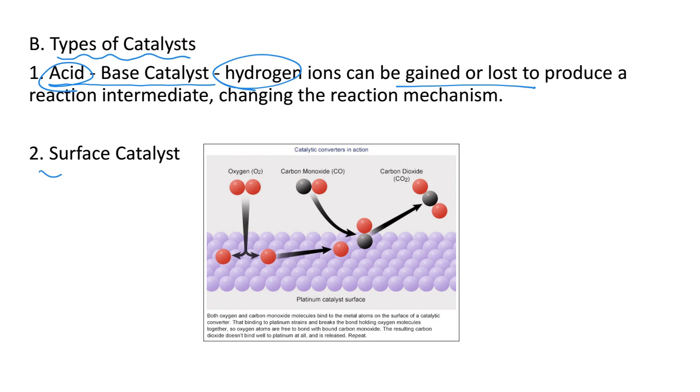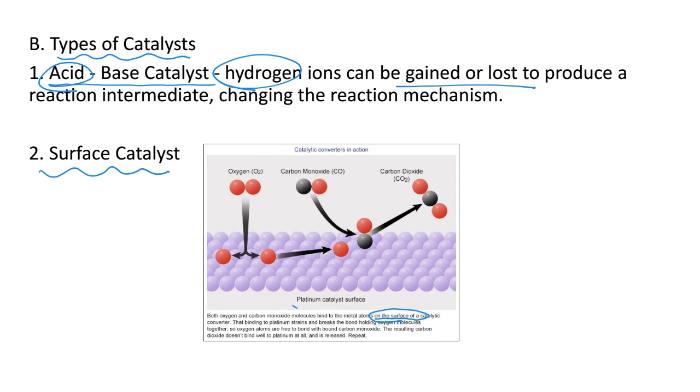The other one you wouldn't be able to see from the reaction mechanism, but a surface catalyst is just one that binds to the surface of whatever the catalyst is, and it changes the way the reaction takes place. And so this is how a catalytic converter works in your car.